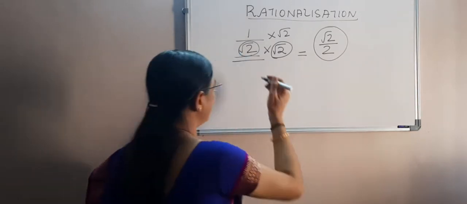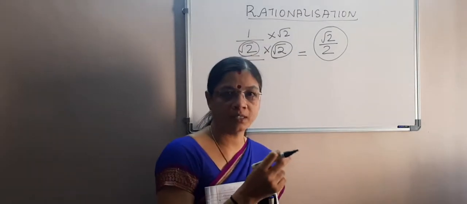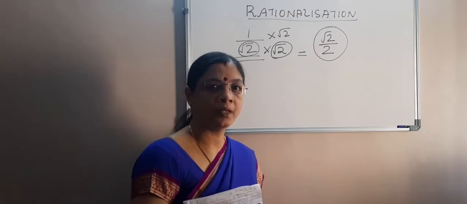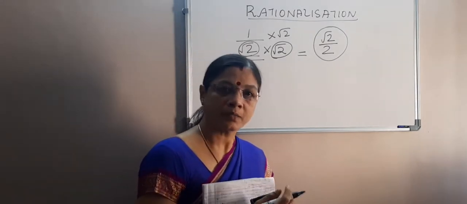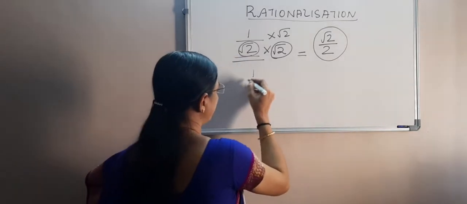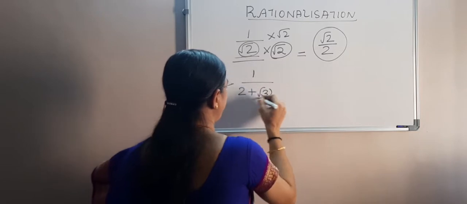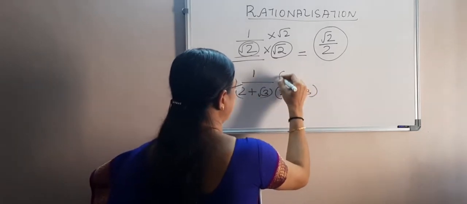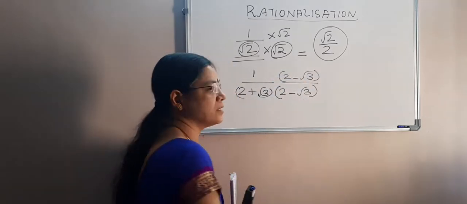Now if a single irrational number is given, it is easier for us. We just multiply it by the same number in the numerator and denominator to rationalize it. But when an expression is given like 1 divided by 2 plus root 3, I need to multiply and divide by the rationalizing factor, which is 2 minus root 3.